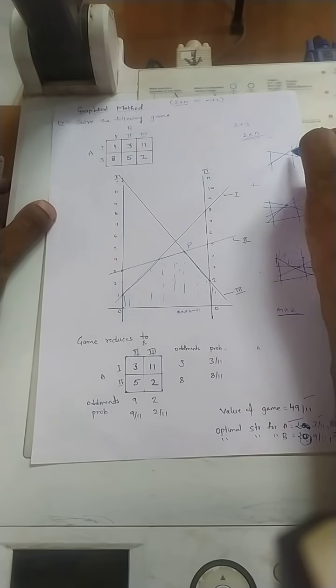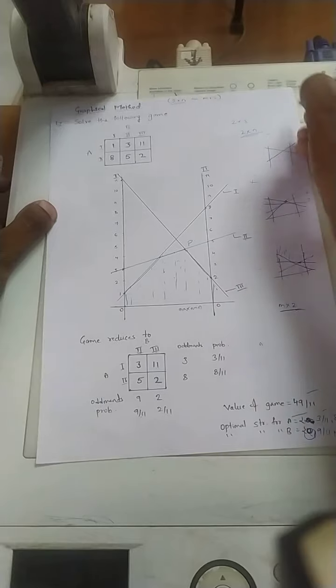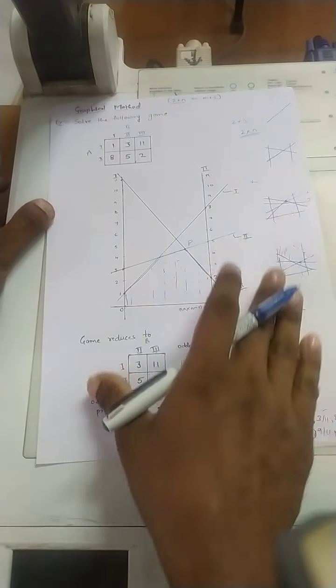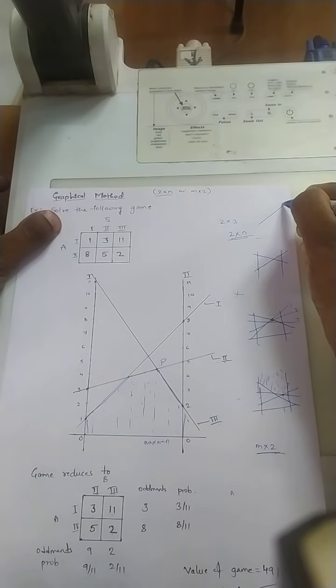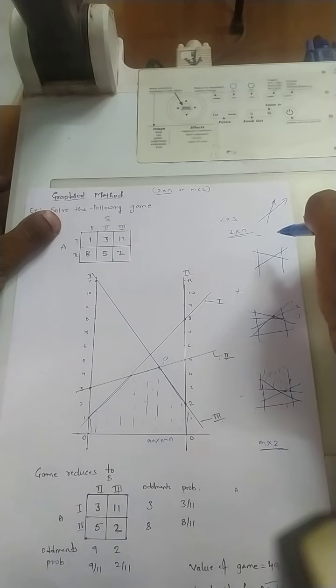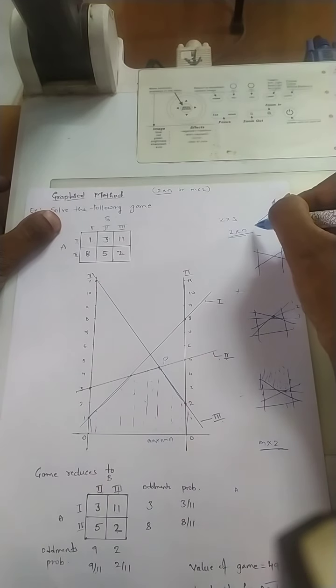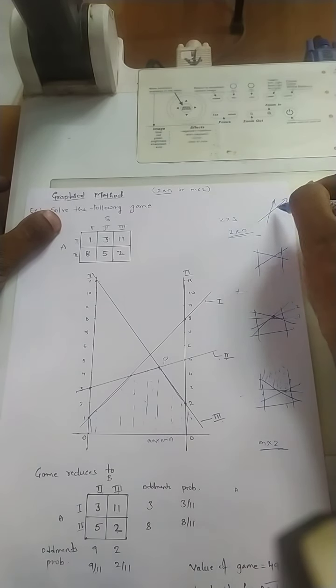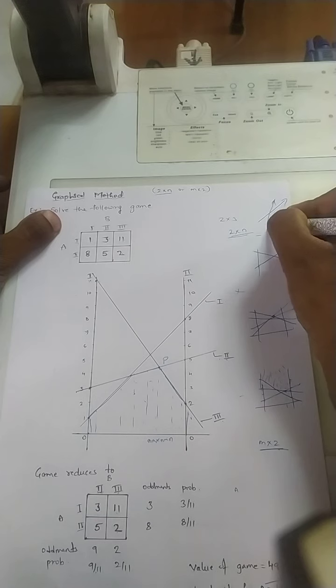If two lines are both moving in the upward direction, though there is an intersection between them, they do not form an opposite slope. So opposite slope means one should go down and another should go up.